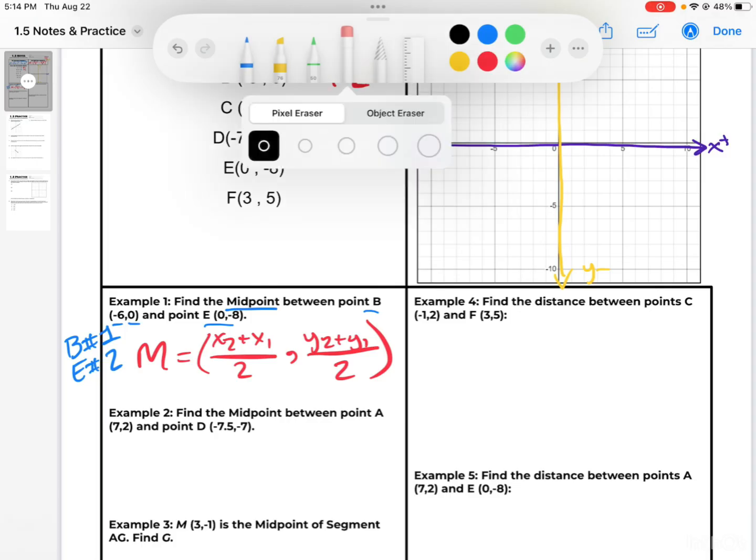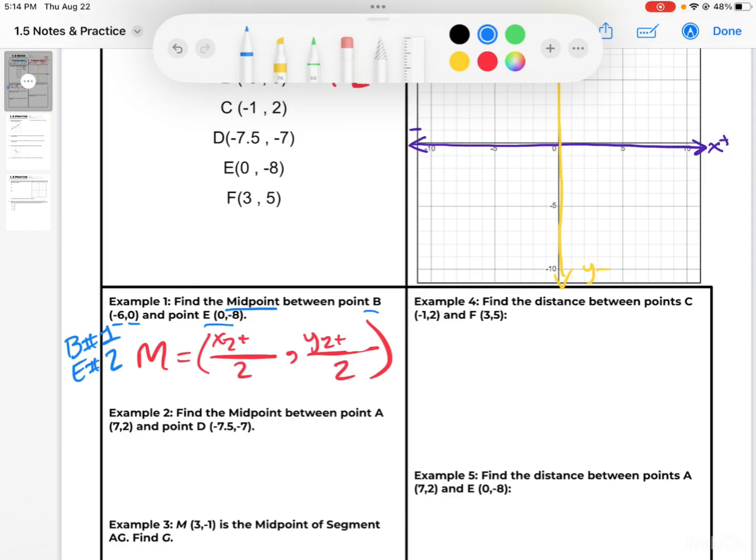So I'm going to replace the x1 and the y1 with these values of -6 and 0. And point 2, which is E, has an x value of 0 and a y value of -8. Since it is my second point, I am going to plug those numbers in here.